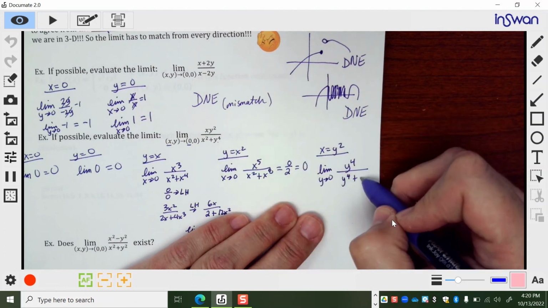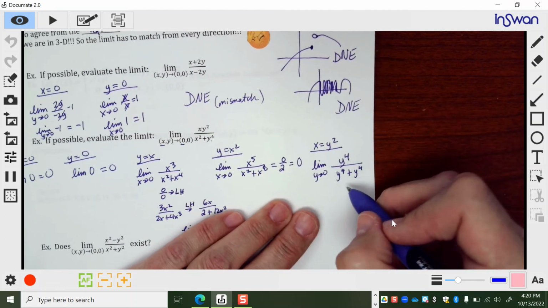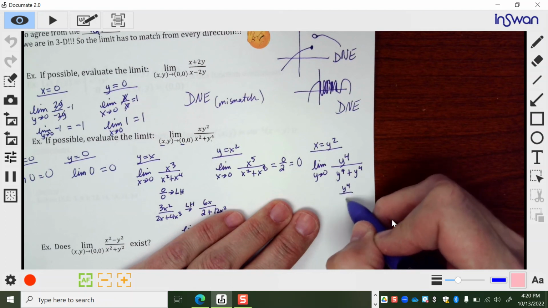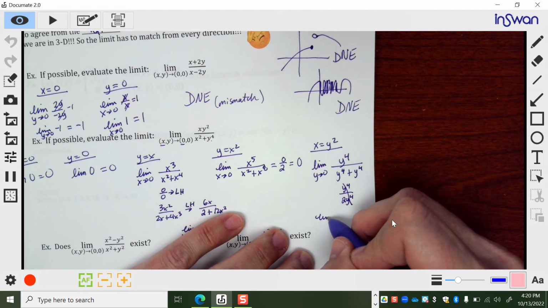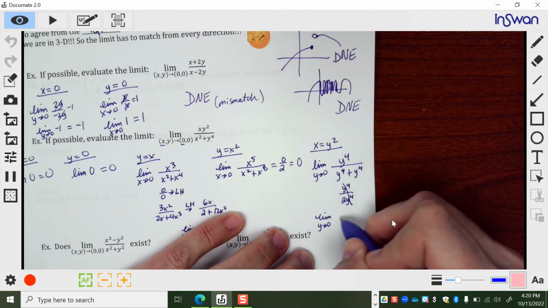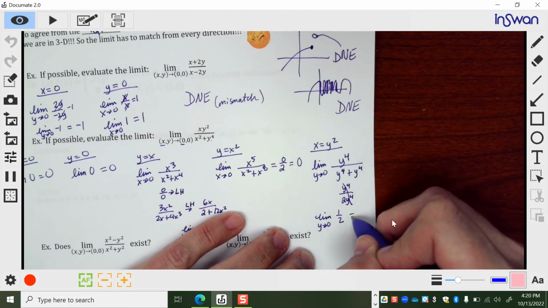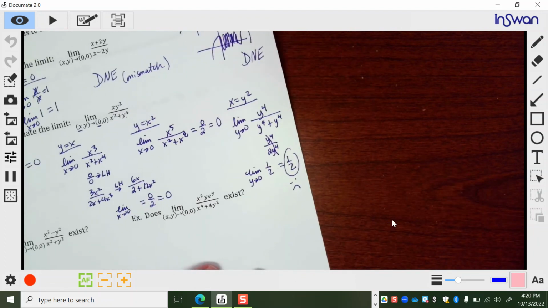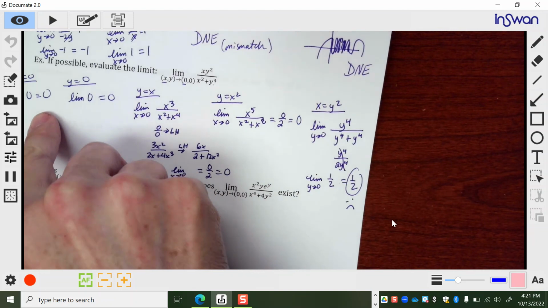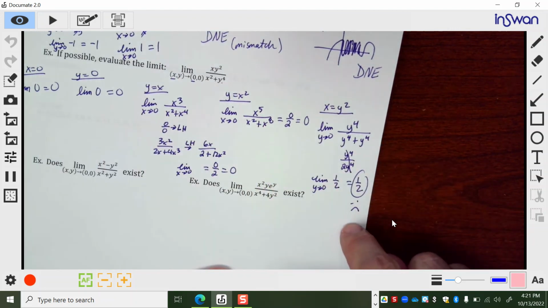And I have another y to the 4th that I don't change. So look at that. I have y to the 4th over 2y to the 4th. So these cancel out, and I really have the limit as y goes to 0 of 1/2. And that is 1/2. And that right there is a mismatch. Everything else was 0. I was looking good, but that's a mismatch.